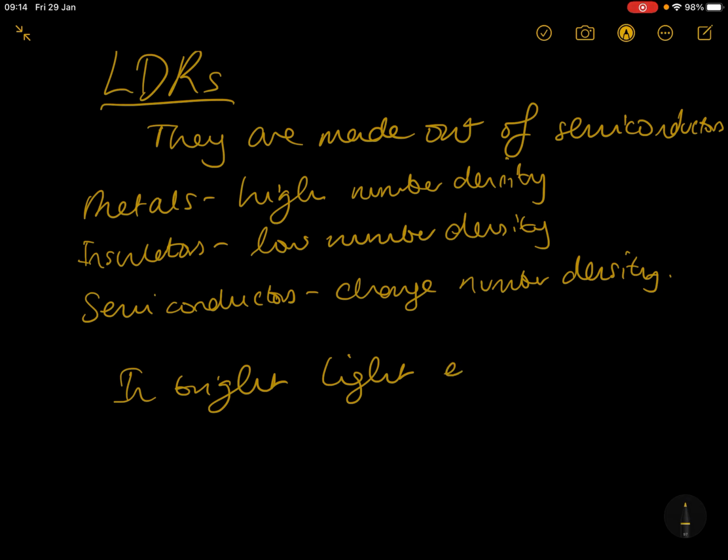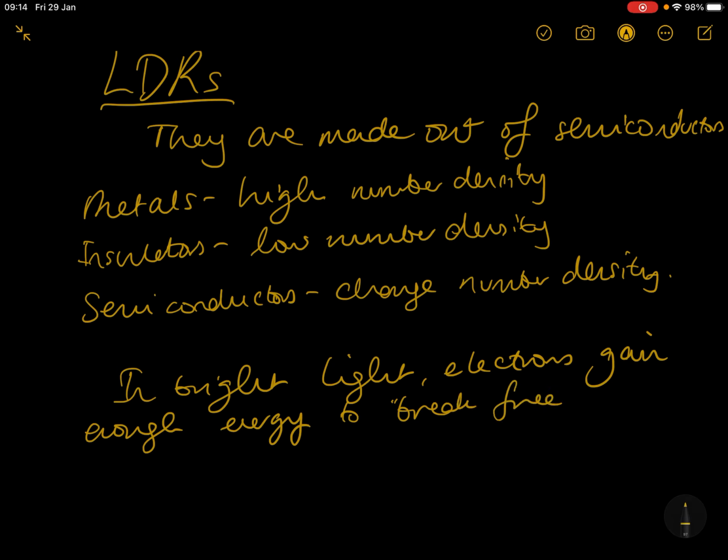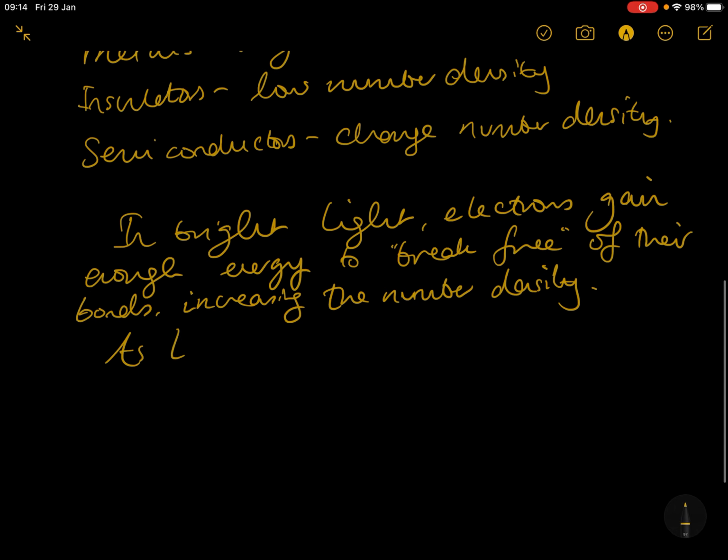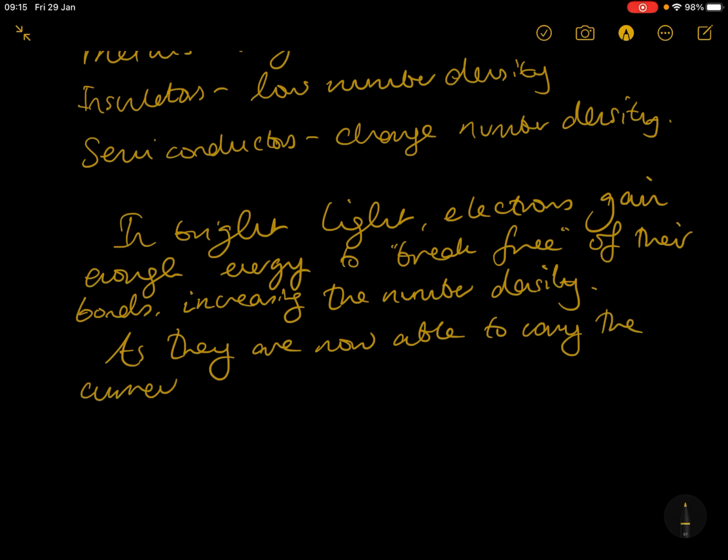So in bright light, electrons gain enough energy to break free of their bonds, increasing the number density. As they are now able to carry current, the resistance drops.